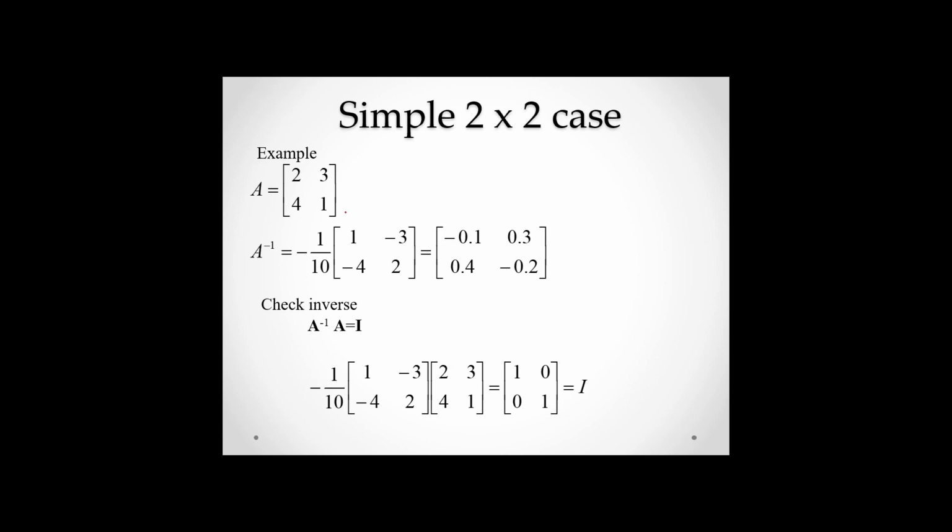Let's take an example. I have this one. A is [2, 3; 4, 1]. So adjoint, what will be there? Reversal of A and B, that is 1 and 2 here. Sign change, minus 4, minus 3, right? And if I take the determinant, it will be the cross multiplication, that is 2 into 1 minus 4 into 3.